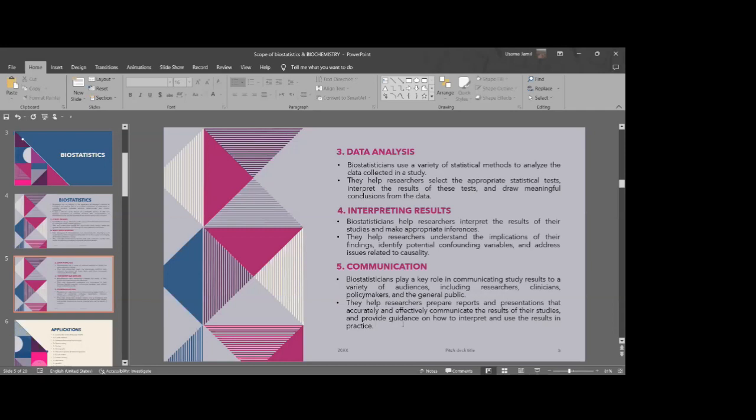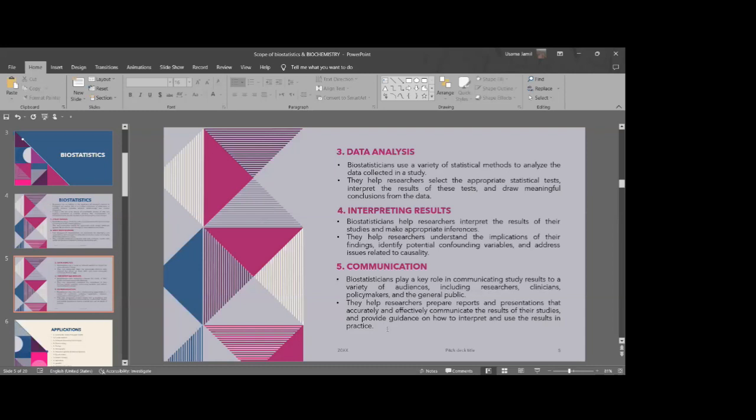Moving to the next part, interpreting the results. We got the data, we analyzed it, now we have the results. Okay, we have the result file, but this is still in some sort of unreadable language. Biostatisticians help us interpret the data and put it into an appropriate, publishable, readable form.